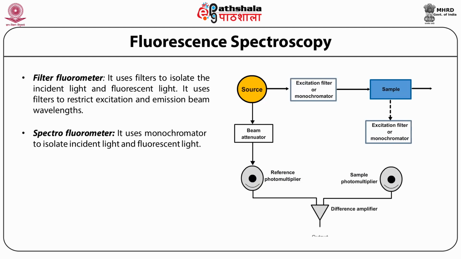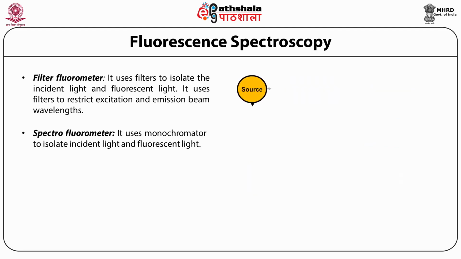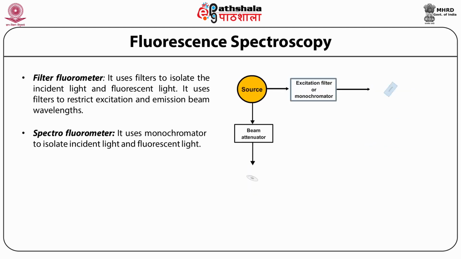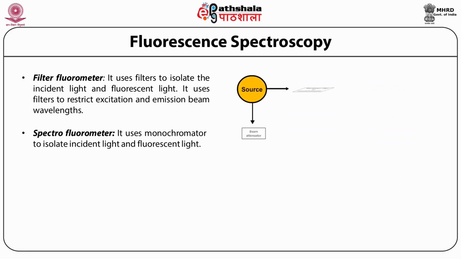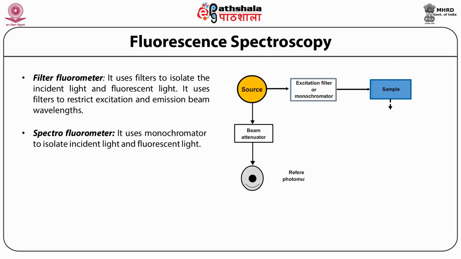First one is the filter fluorometer that uses filters to isolate the incident light and fluorescent light. The second one is spectrofluorometer that uses monochromator to isolate the incident light and the fluorescent light.